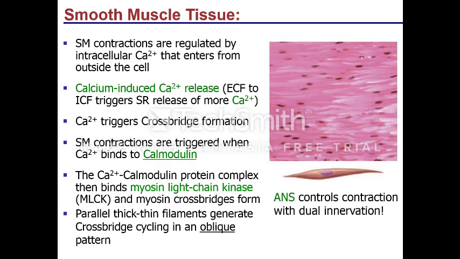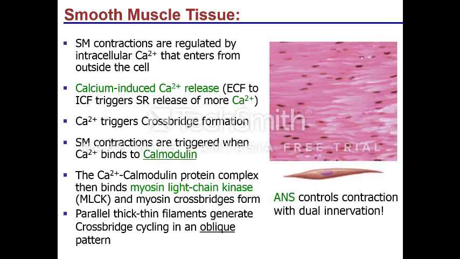So that's why we call it a calcium-induced calcium release. The presence of calcium triggers cross-bridge formation through the calcium-binding protein called calmodulin. The calcium-calmodulin protein complex then binds myosin light chain kinase, and myosin cross-bridges form.